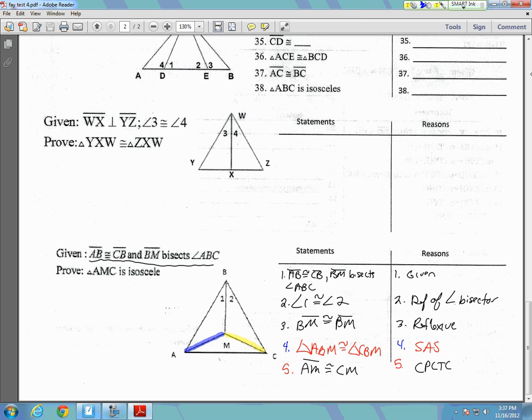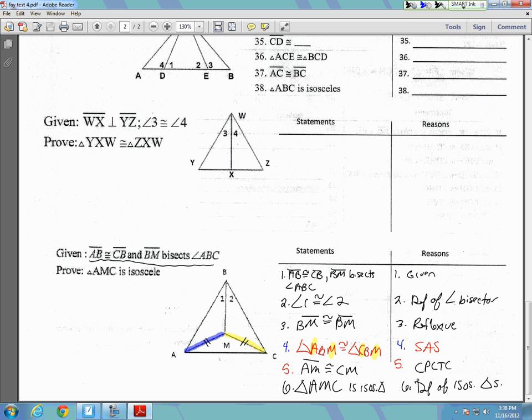You can also remind yourself, well, A is the first letter here, M is the third letter, and then C is the first letter, and M is the third letter. So they do correspond in terms of the name as well. And now that I know that this segment here is congruent to that segment there, that's going to force triangle AMC to be isosceles. And the reason is definition of isosceles triangles.